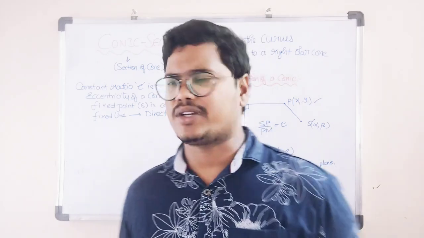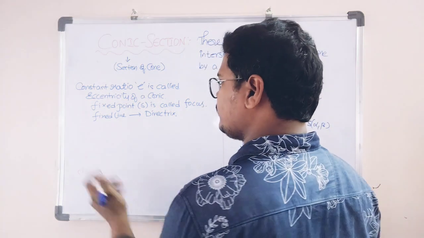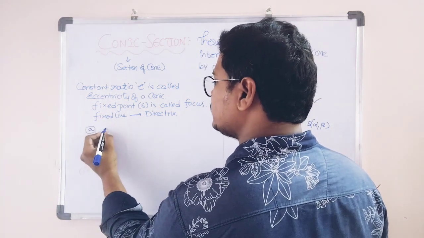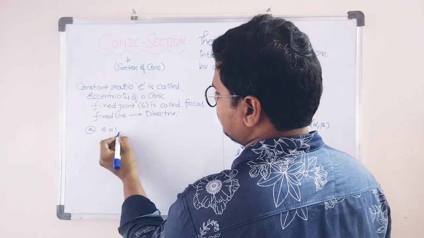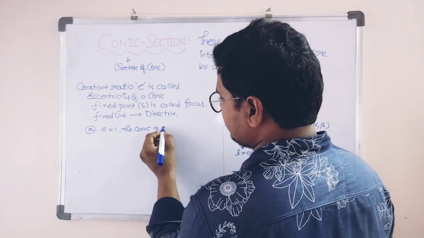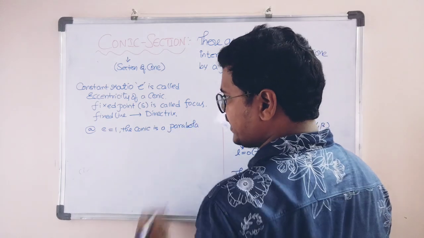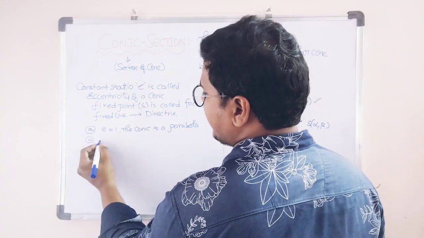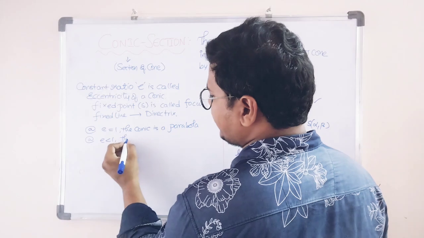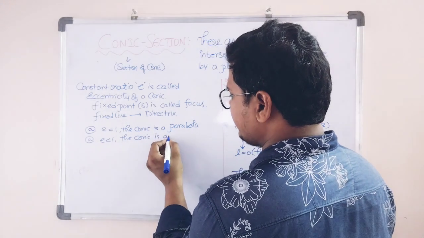Let me mention it. At e equal to 1, the conic is treated as a parabola. At e less than 1, the conic is an ellipse.